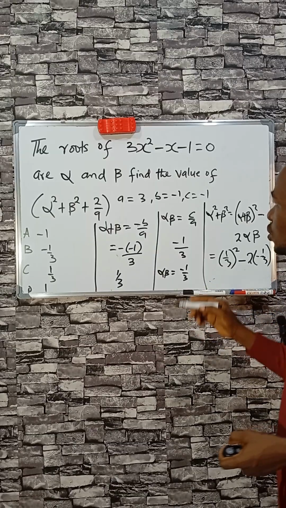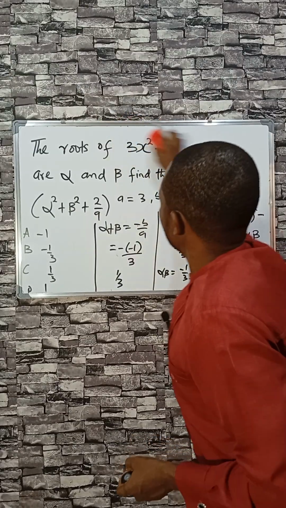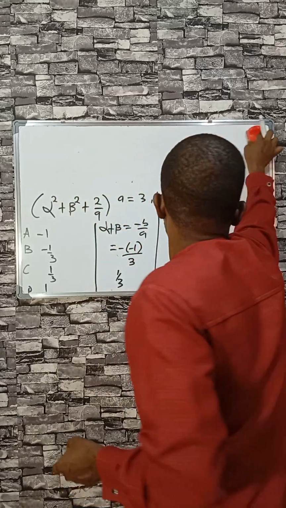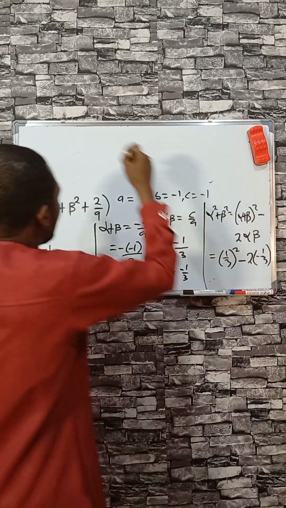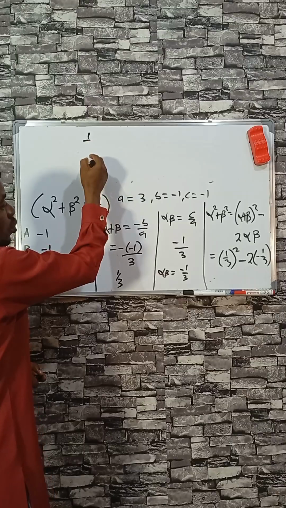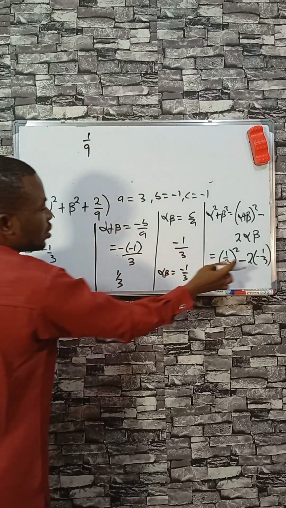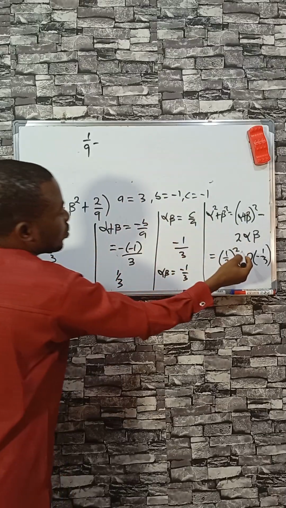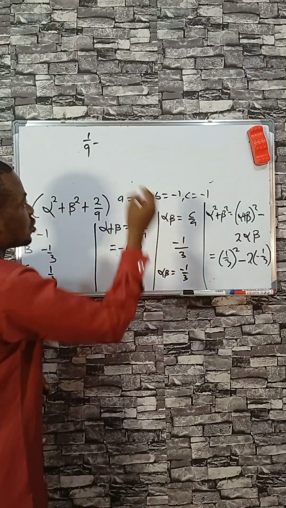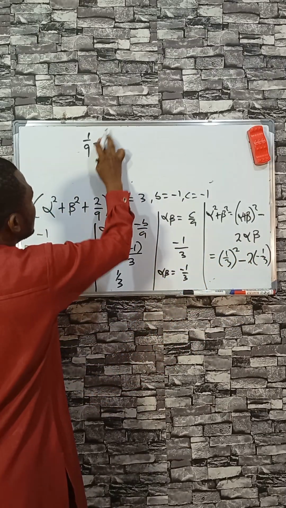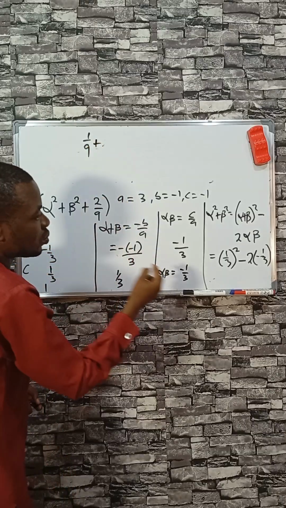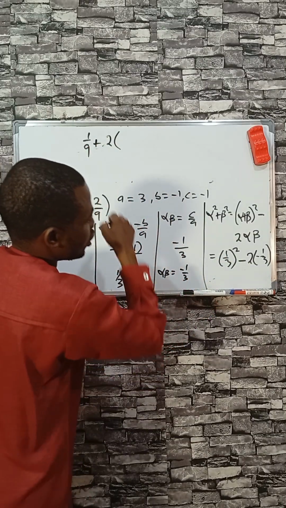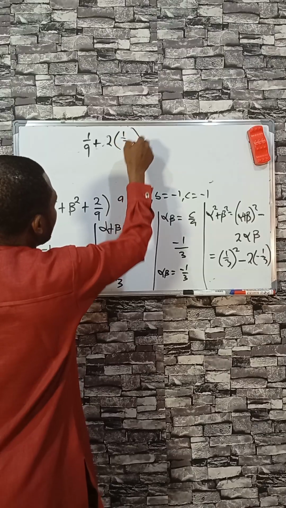Now if you solve this closely, 1 over 3 squared, that will be 1 over 9, then minus, the minus here is plus, so plus 2 into 1 over 3.